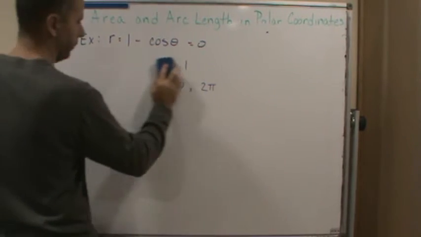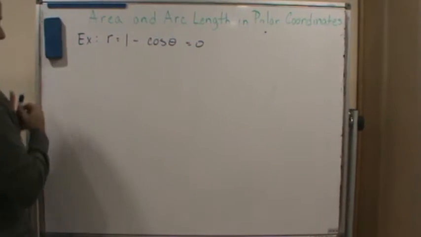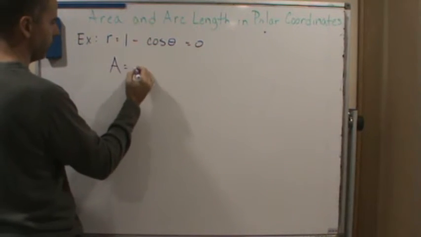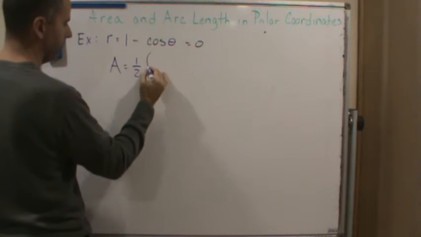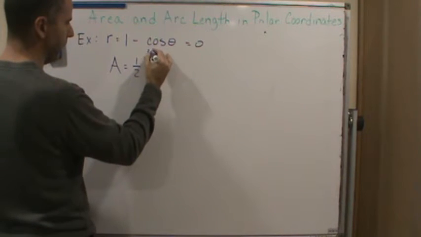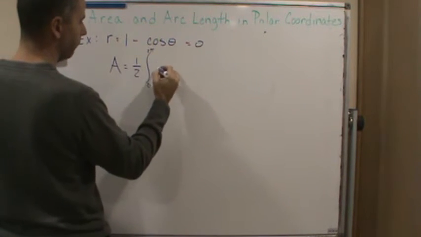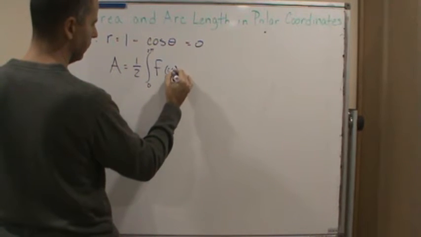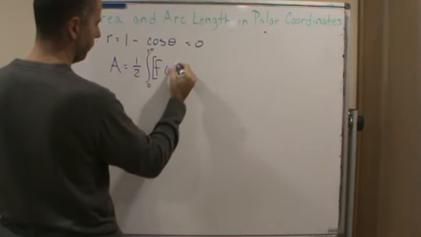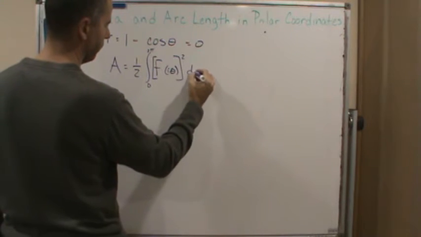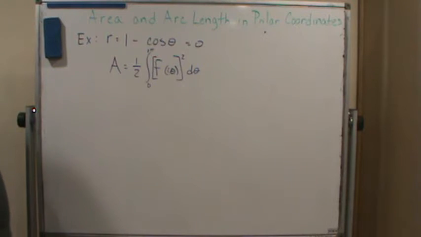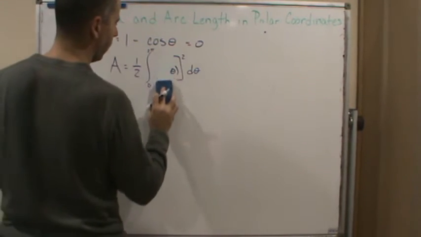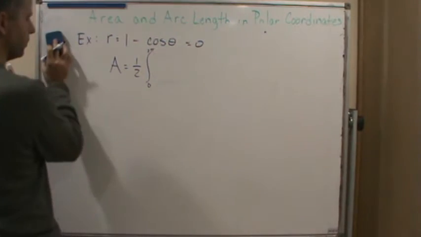Okay, great. Now that we have that, all we have to do is set up our integral. The area is going to equal 1/2 the integral from 0 to 2 pi of our function, not f of x. But again, what's f of theta? f of theta is 1 minus cosine theta. So let's substitute that in.